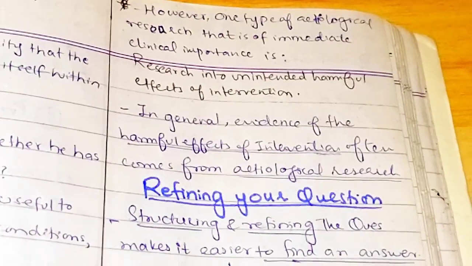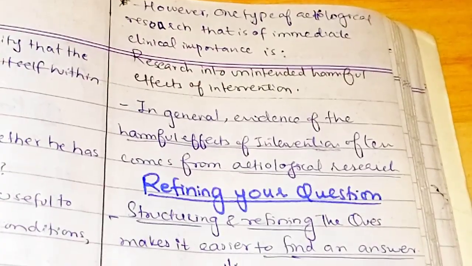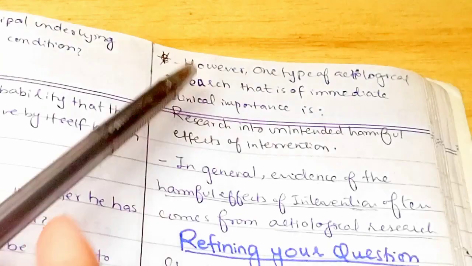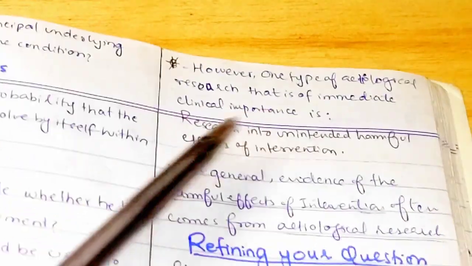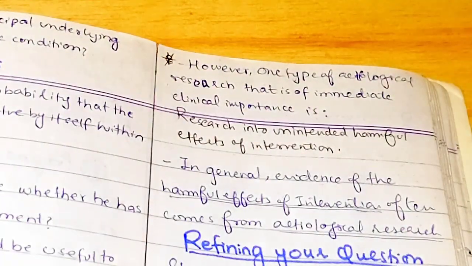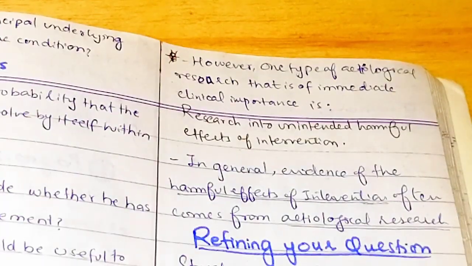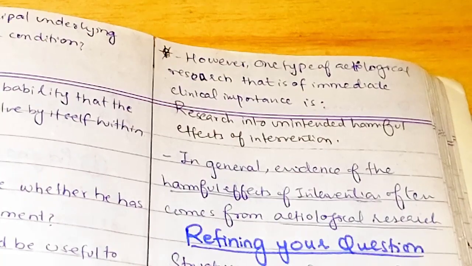But it doesn't mean that all the questions related to cause are irrelevant, because there is one type of etiological research that is of immediate clinical importance, and that is research into unintended harmful effects of intervention. Now, how can you understand this statement?